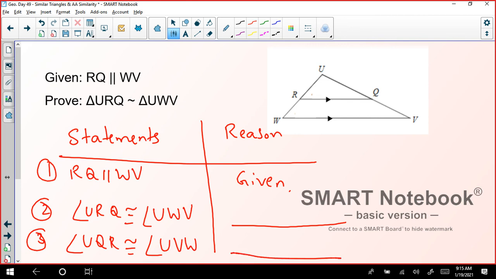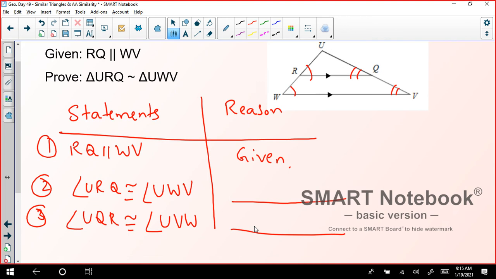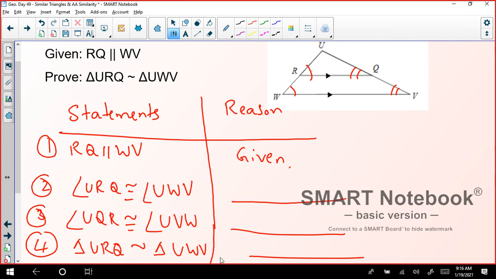Okay, I'm saying these particular angles are congruent, and you're supposed to tell the reason for that. And in the fourth step, I can also say that triangle URQ is similar to triangle UWV. Give the reason for this as well. Okay, you have exactly like 30 seconds.